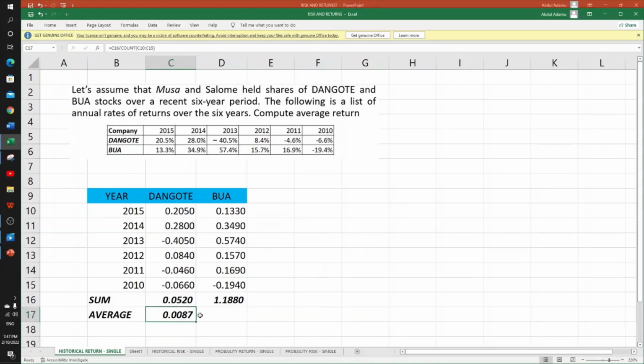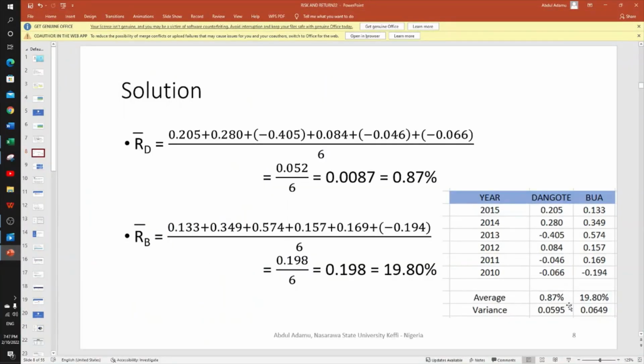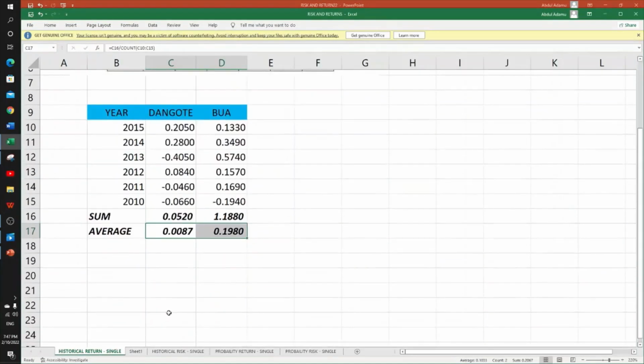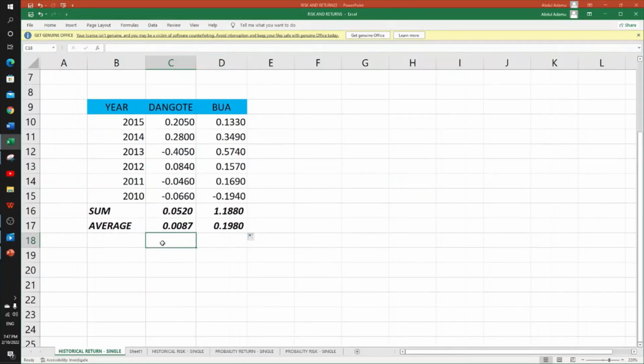Then the same thing, all we need to do is drag it here. So 0.1980. If we compare it with what we have done, you can see this is the same value that we have gotten. Alternatively, we can use the average function in Excel, equals average. Average is for mean.